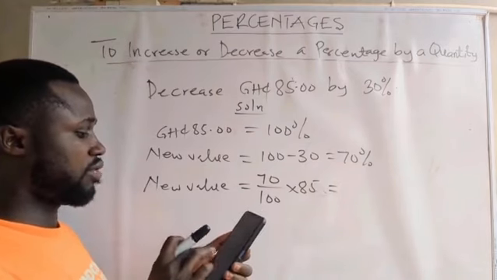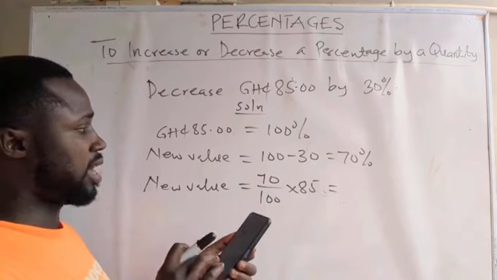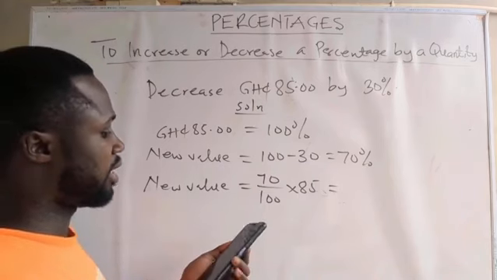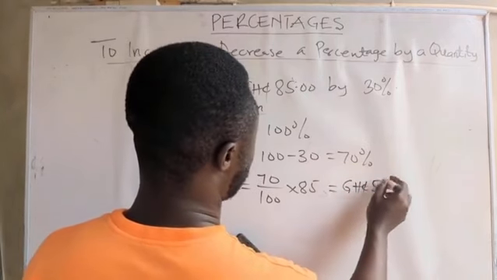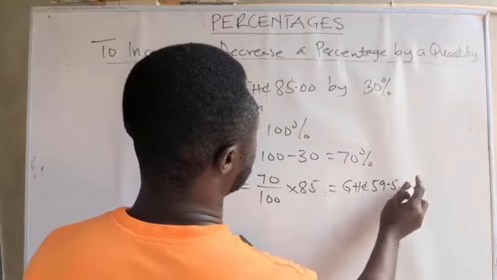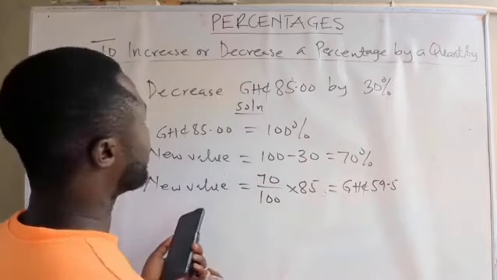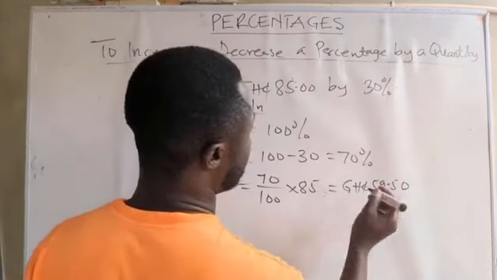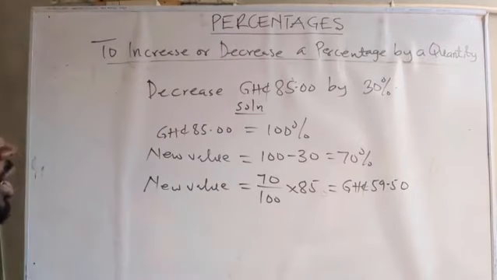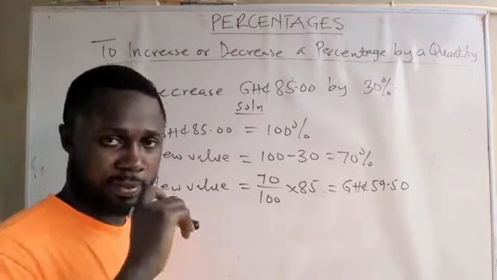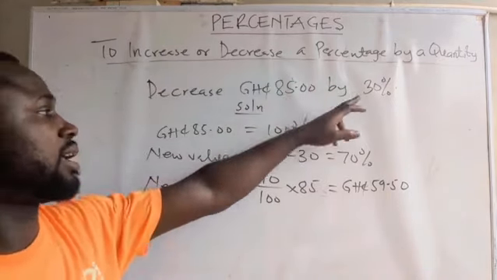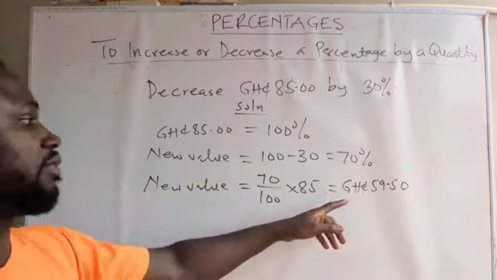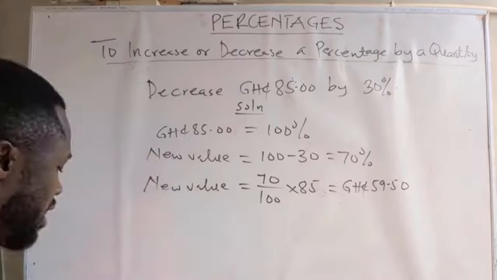Then that will give me 59.5 Ghana cedis. If you like, add another zero, it doesn't change the value. So if I decrease 85 Ghana cedis by 30%, I'll get 59.5 Ghana cedis.